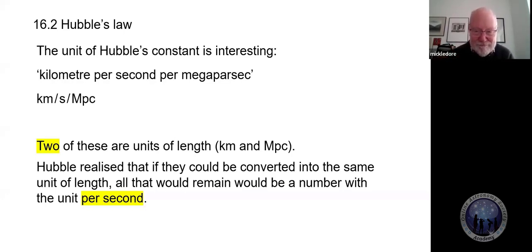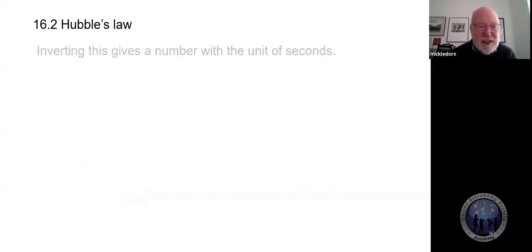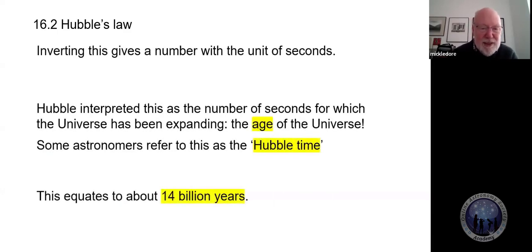Hubble had the genius, it wasn't just a good experimenter, to suggest strongly that the Hubble time is the time for which the universe has been expanding. In other words, the age of the universe. Fantastic. And it comes out to be about 14 billion years. So that's the length of time for which the universe has been expanding.